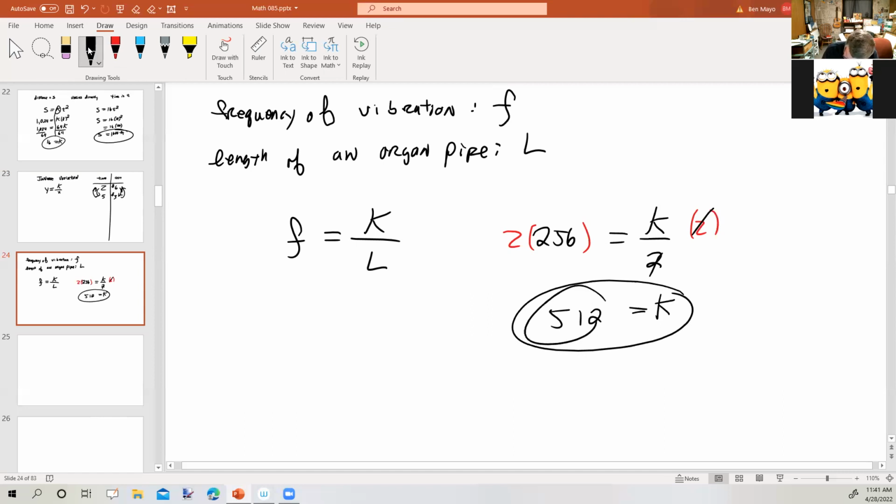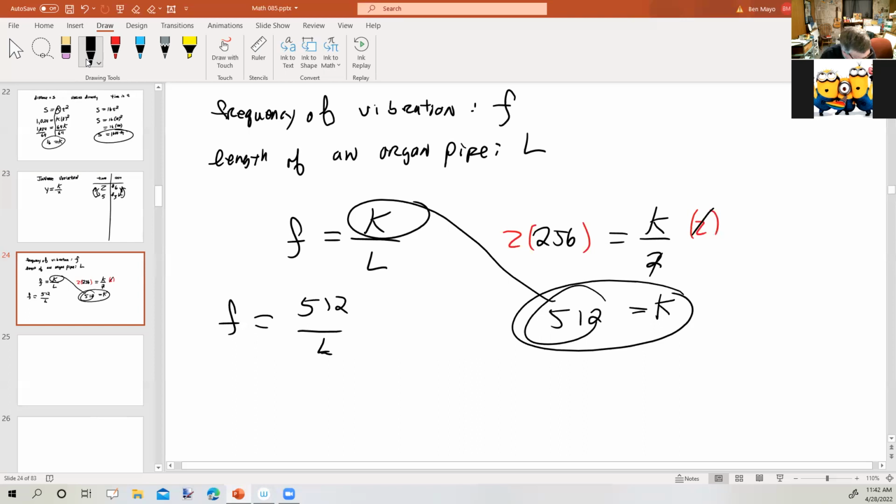So we're going to take that and put it into our general formula to get a specific formula, which is that. All right. So far, so good? Yes.